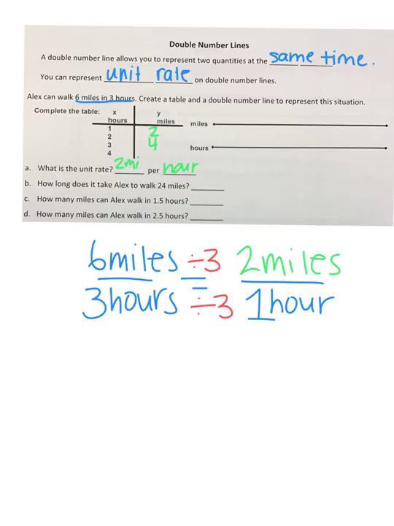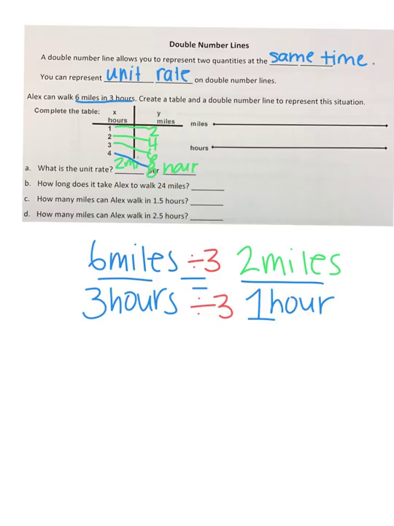So 3 times 2 means he can go 6 miles in 3 hours. And then in 4 hours, he went 4 times the amount he went in 1 hour. So 4 times 2 would get me 8 miles. And again, you want to match them up. So in 1 hour, he went 2 miles. 2 hours, he went 4. 3 and 6, and 4 and 8. It's just hard to write small on here.